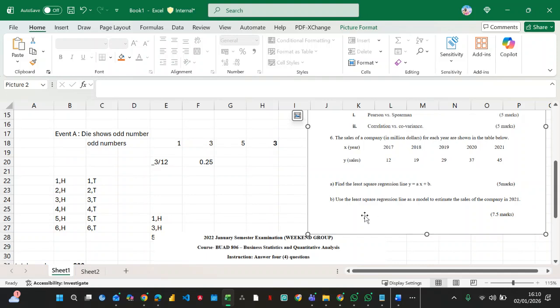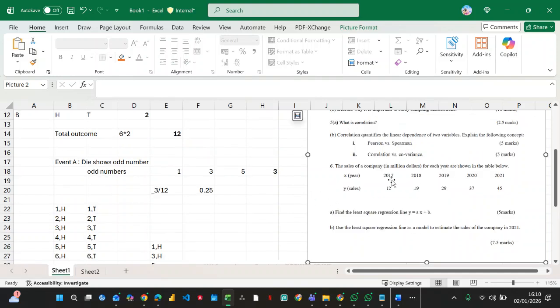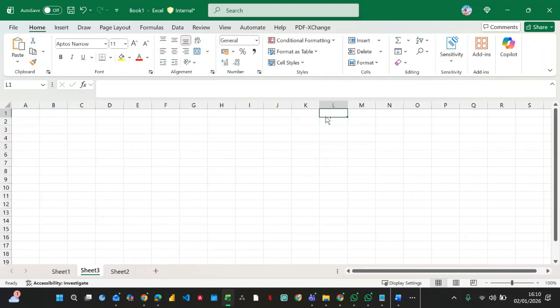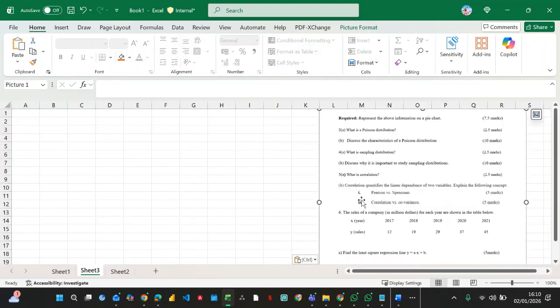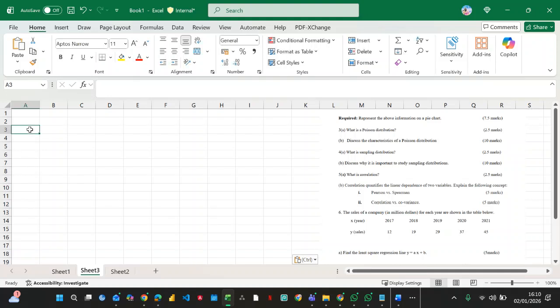So our n now equals 15. And then we need to get this one here, our summation of y. Summation of y now is equal to 142.